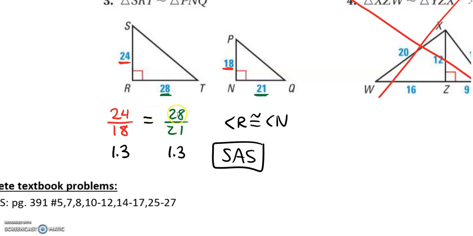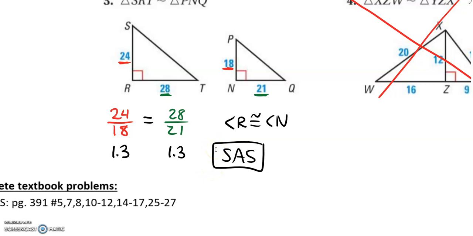In order to use side angle side properly, I need to check that the angle that is included or touching both the 24 and the 28 is congruent to the angle that is touching the 18 and the 21. Thankfully, in that case, since they both have a 90-degree angle marking or right angle marking, we can say angle R is congruent to angle N, and therefore our conclusion here is we would be able to prove that these are similar by side angle side.